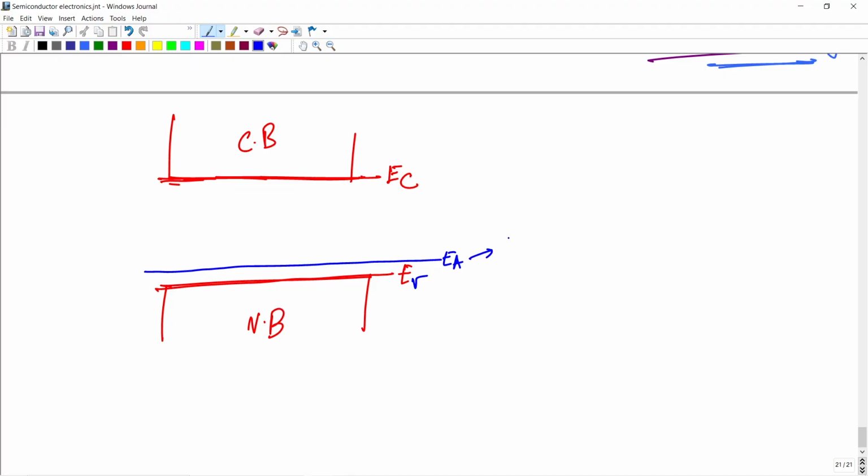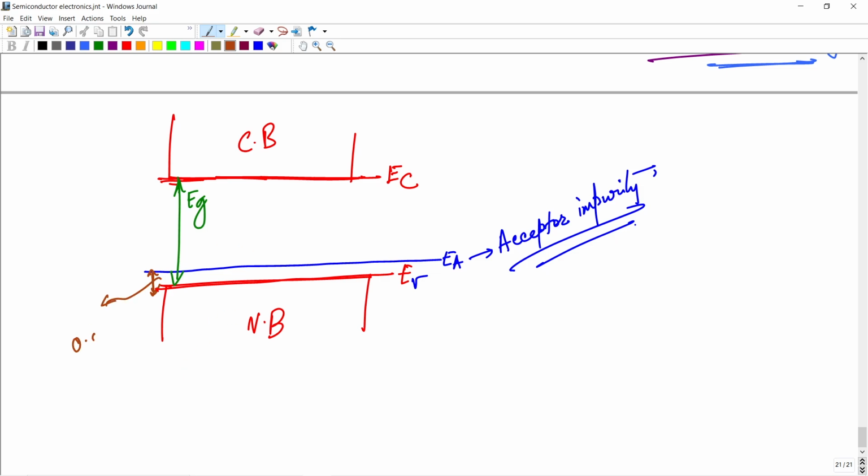These are called acceptor impurities. Now you see that the gap, compared with EG, is very small. Suppose it is 0.01 eV. So an electron from the valence band can easily jump into EA.